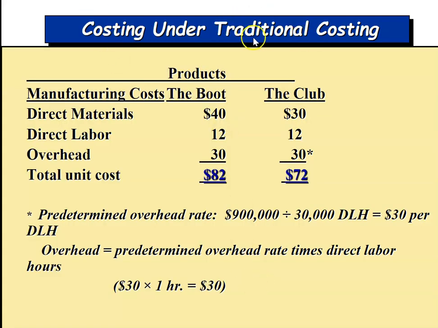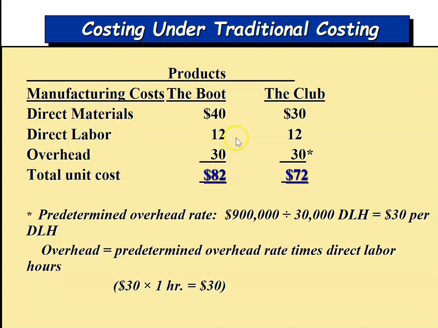So under a traditional costing model, we would do the exact same that we've always done, and this is not going to change with activity-based costing either. Direct materials are strictly $40 for the boot and $30 for the club.